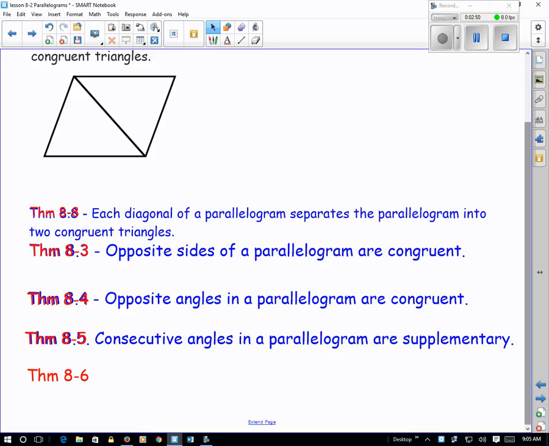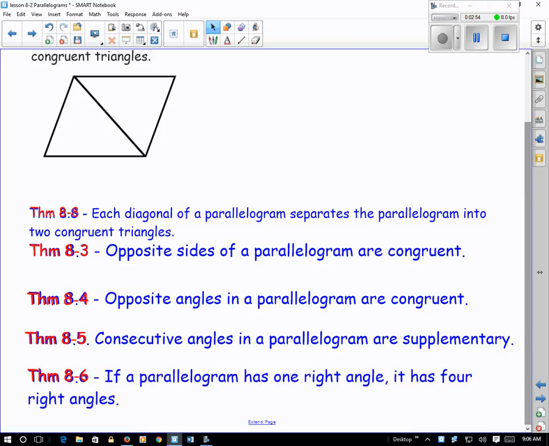And so those are supplementary. And then theorem 8.6, if a parallelogram has one right angle, then it has four right angles. So those are some things that we know just from the basics of the definition and the diagonal dividing it into two congruent triangles.